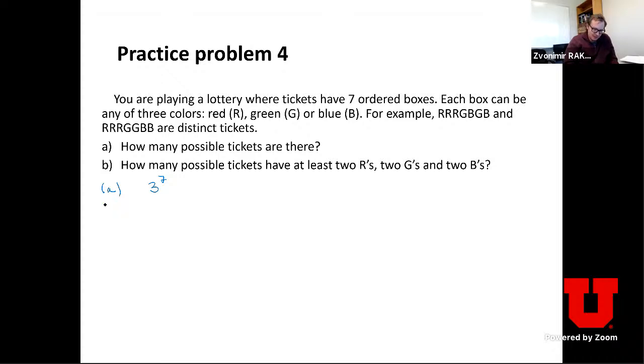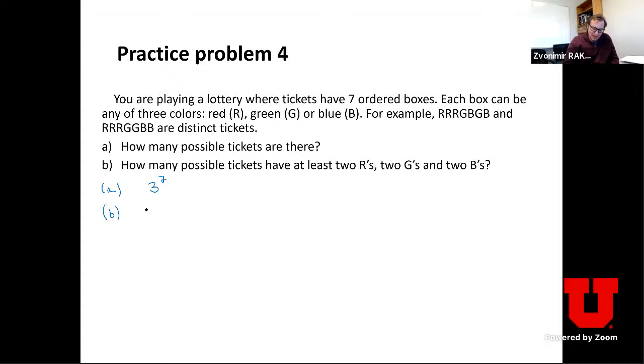Part B, it's a bit more involved. So let's analyze it a little bit. How many possible tickets have at least 2 R's, at least 2 G's, and at least 2 B's? The total number of boxes is 7. So if you think about it, there are only 3 ways that this can be satisfied.